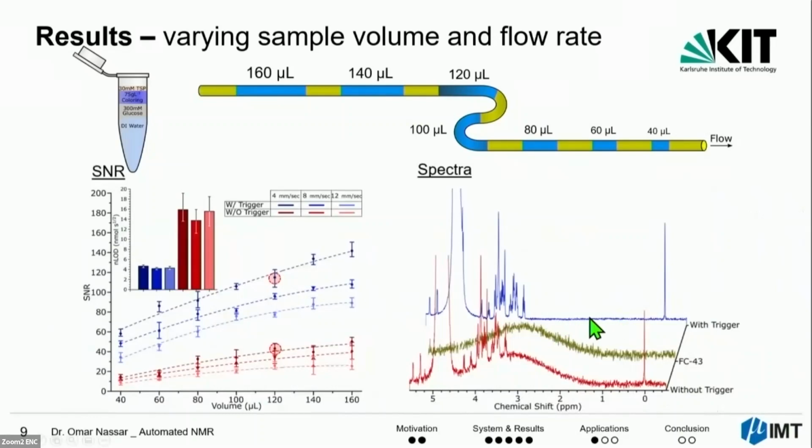You only get the spectrum from the sample, but in the conventional way, it's averaged with the spectrum of the oil, because manually you don't know when the sample will be inside the detector, so you just switch it on and switch it off once the whole line leaves the magnet. That's why it's averaged with the background signal of the oil.